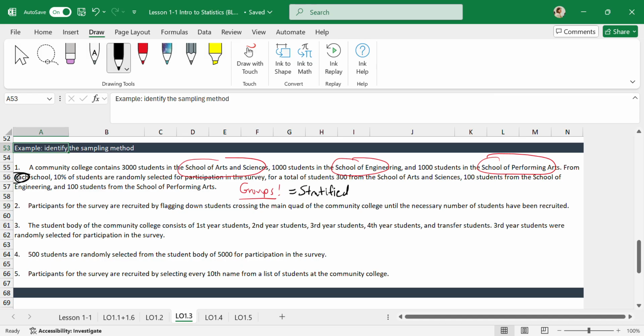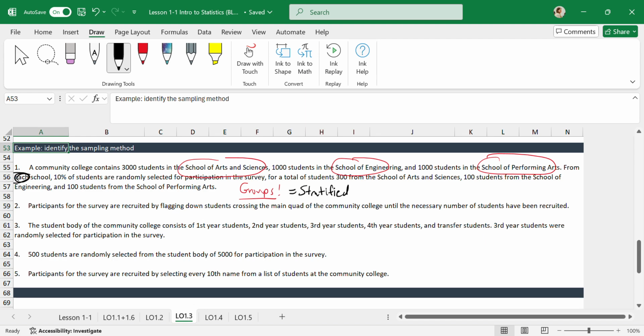The next one. Participants for the survey are recruited by flagging down students crossing the main quad of a community college until the necessary number of students have been recruited. A quad is just like a common area in the community college. So think about it like even like the Student Life Center at Cambrian College and just flagging people down. Does that sound random to you?